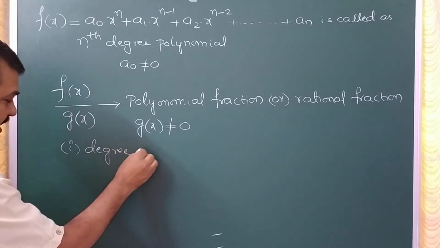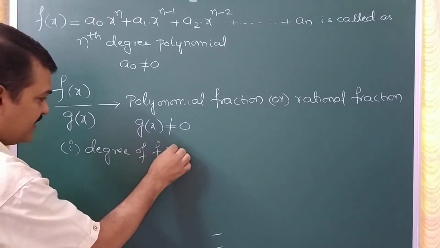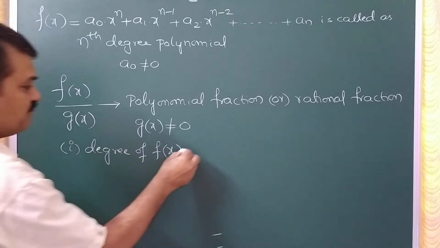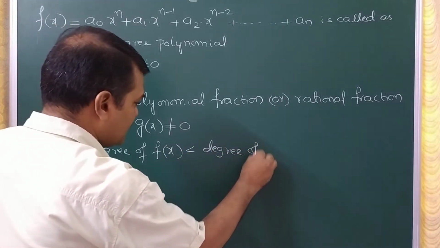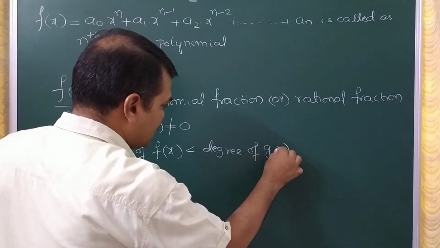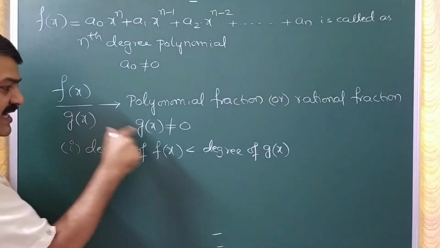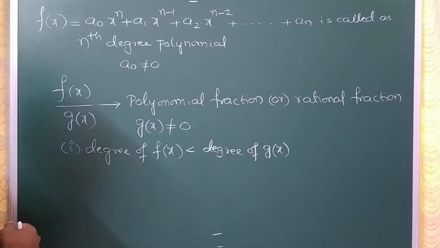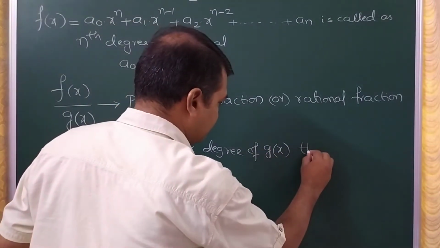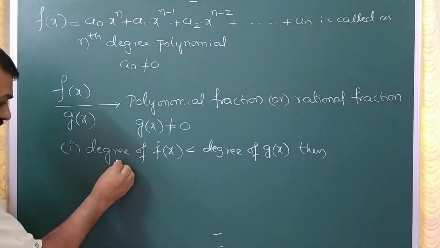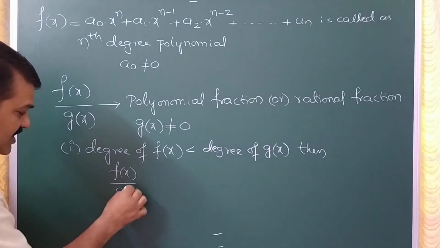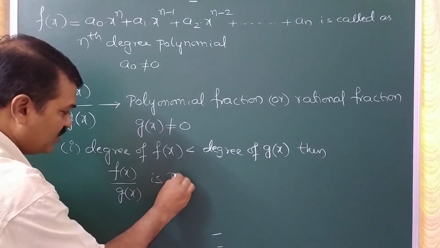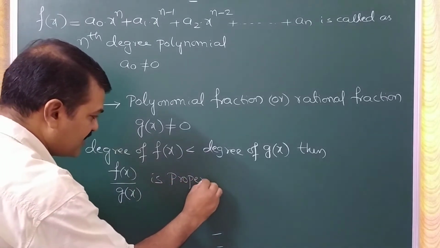That is, if the degree of f of x, that is the numerator, is less than the degree of g of x, so the numerator's degree is less than the denominator's degree, then our f of x by g of x polynomial fraction is said to be a proper fraction.